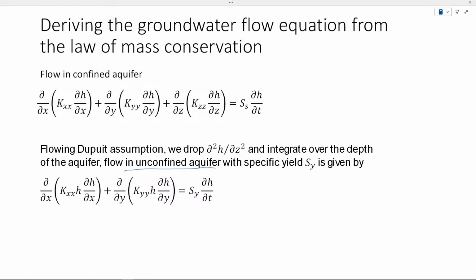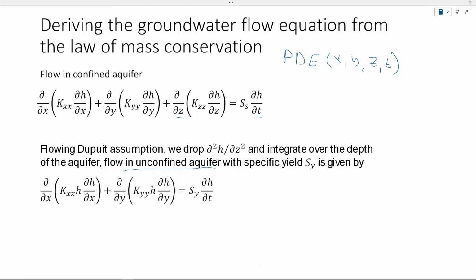Is this an ordinary or partial differential equation? This is a PDE. Why? Because I have multiple independent variables, not just one: x, y, z, and time. So I have four independent variables.